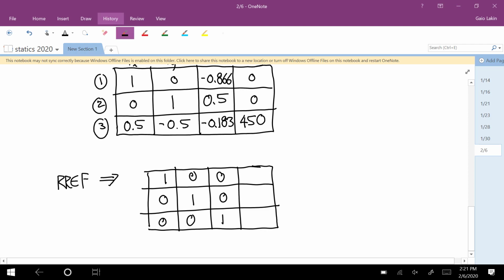And the answers are going to be given in the order F1x, F1y, and F2. Anyone happen to be punching this in? 779.4, okay.